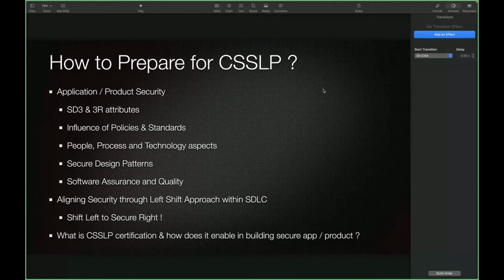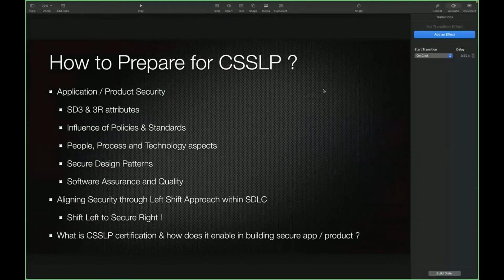So the 3R, which goes hand in hand with SD3, is the reliability of the software, the resiliency of the software, and recoverability. When I say reliability, it is all about the way the software or the application functions as it is expected to be.